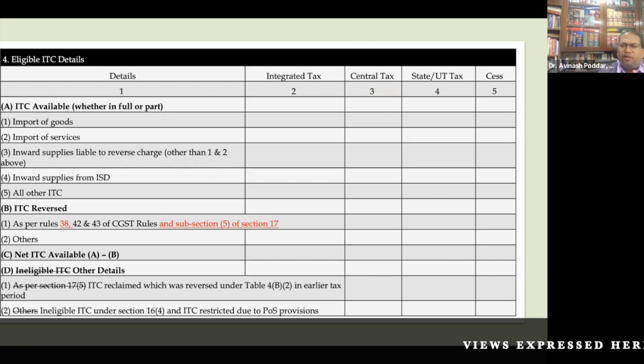Friends, table 4, table 4 of GSTR-3B has undergone some changes.